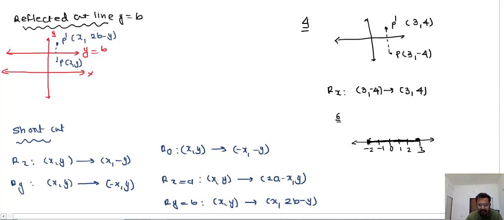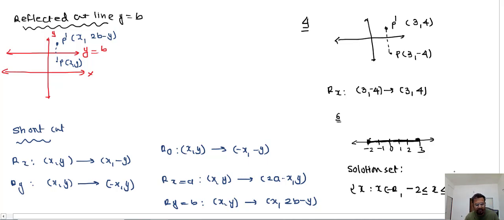Both minus 2 and 3 are solid dots, so minus 2 and 3 are also included. So the solution set of this type of number line is x belongs to R, starting from minus 2, which is included, to 3, which is also included. It's so simple. You just check what's included and what's not included.